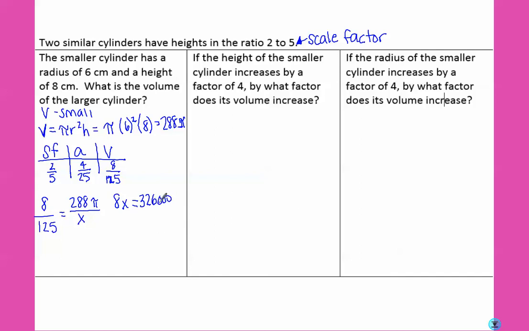I'm sorry, that's wrong. It's 36,000 pi.